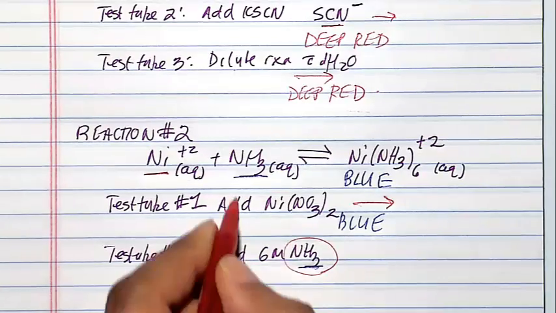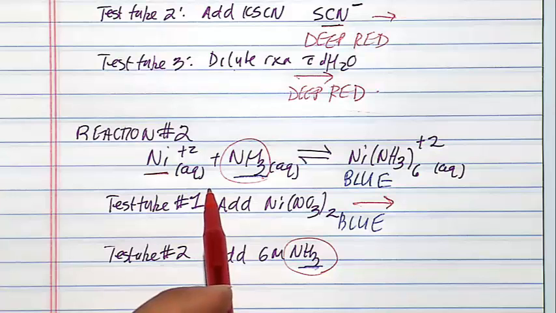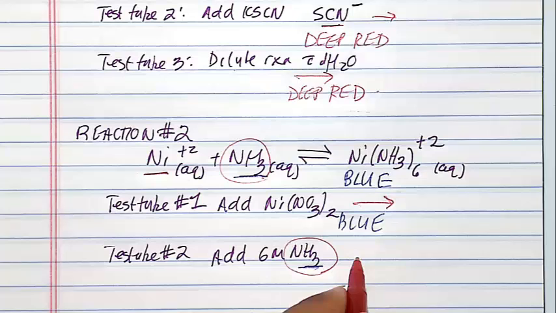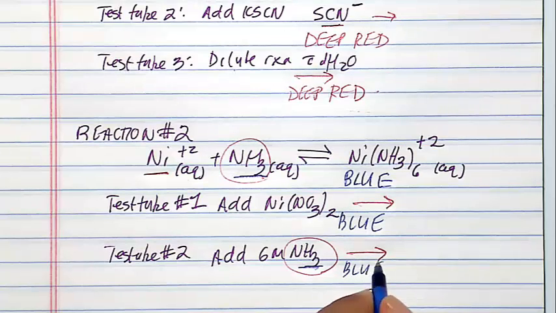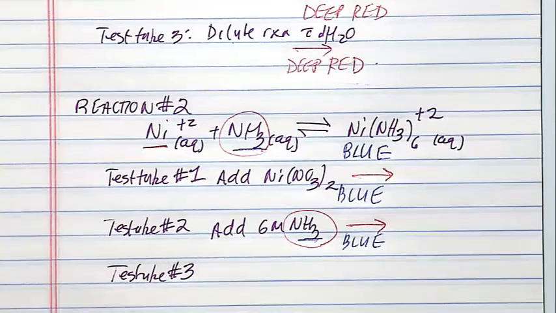Obviously, if you're adding more ammonia, the equilibrium will move in such a way as to remove the externally added ammonia. We would predict the reaction would shift towards the product side, and you'd have more of a blue color in your test tube.